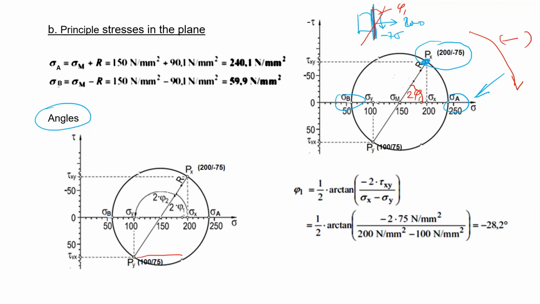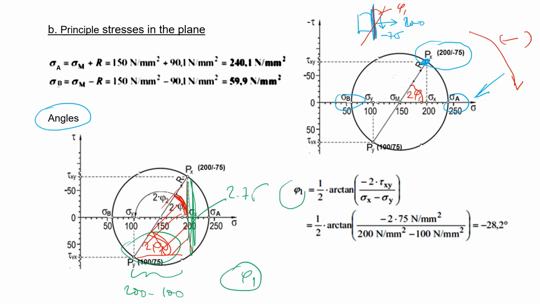Let's take this triangle. This angle is 2 phi1, and this side is 2 times 75, and this one is 200 minus 100. So if you take the tangent of 2 phi1, phi1 can be determined, and half of it will be your phi1 value.